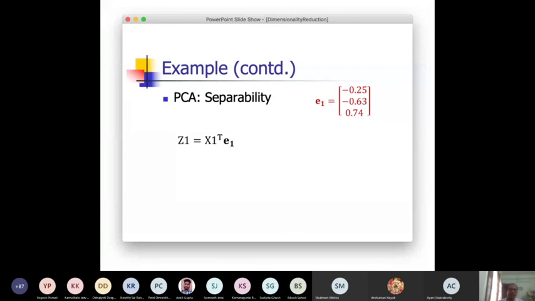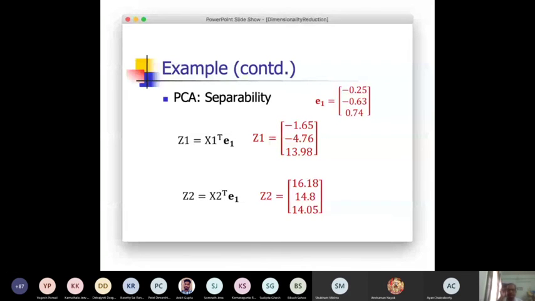So this is the set of points belonging to class 1, and from this set Z1, these are the set of projected points, from the data matrix X1. And this is the other set of projected points.